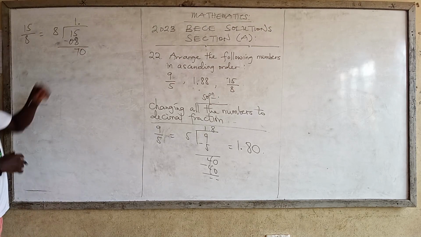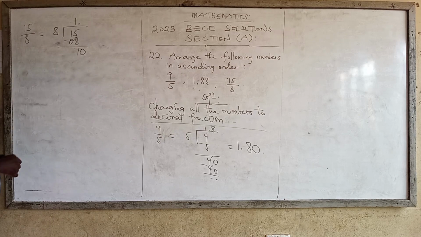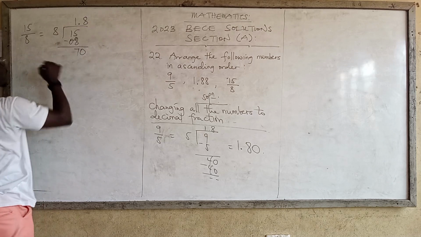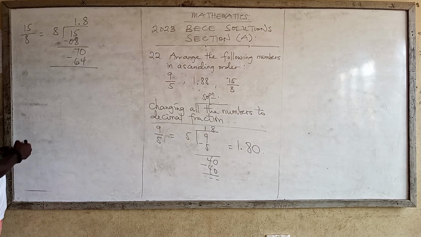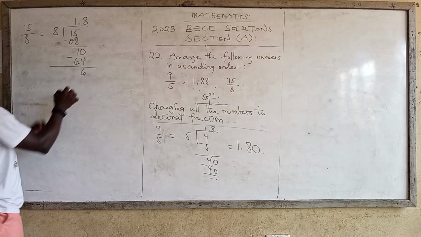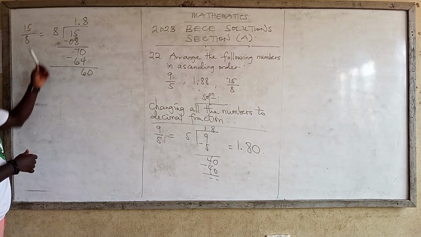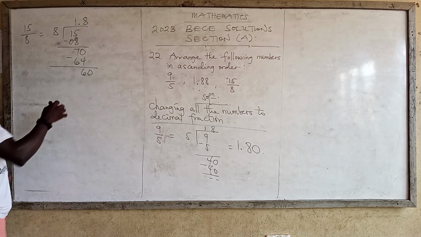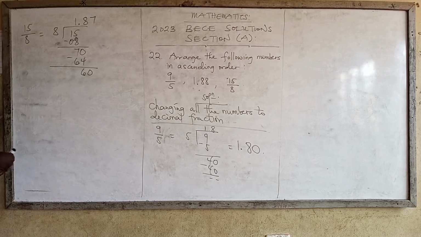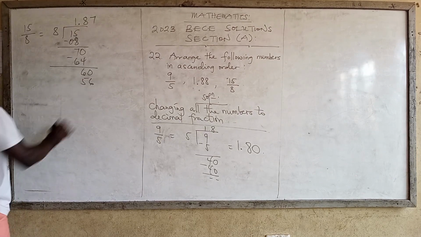Let's see, 8 will go into 70 how many times? 8 8s are 64, 8 9s are 72. So 8 8s are 64. Now we subtract 64 from 70, we obtain 6. Still 8 can never go into 6. We add a 0. 8 into 60: 8 7s are 56.